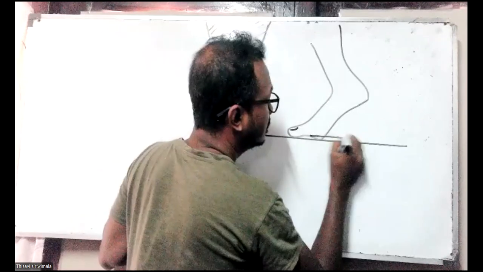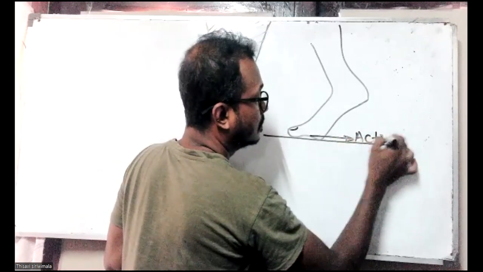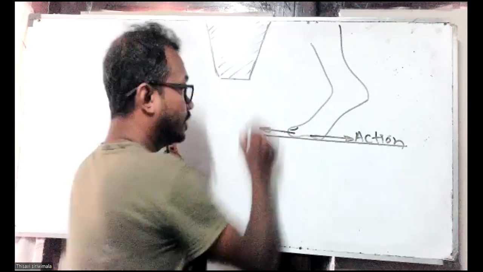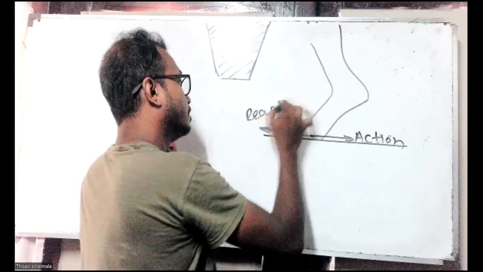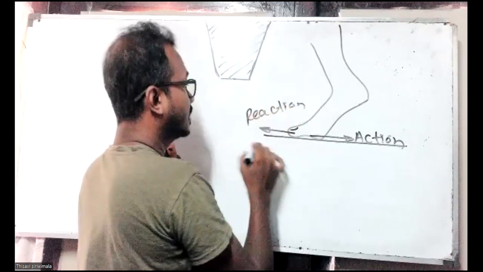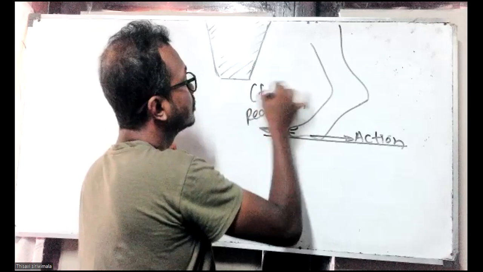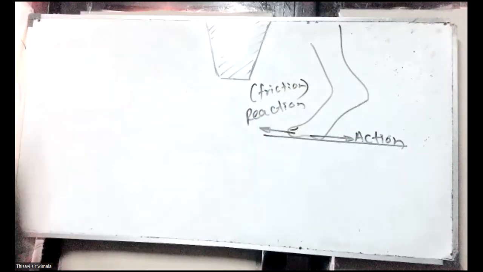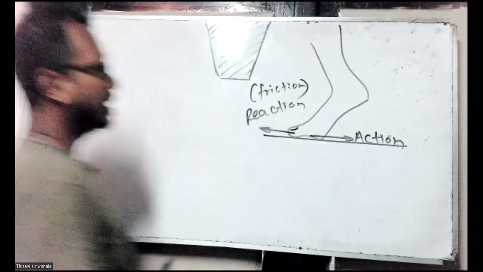So the action is like this. We are being pushed forward by the reaction, which is the friction. Unless friction is there, we would be slipping. So you have to draw the diagram.